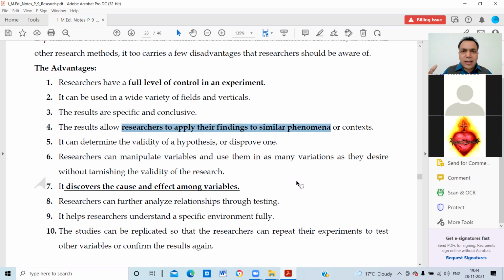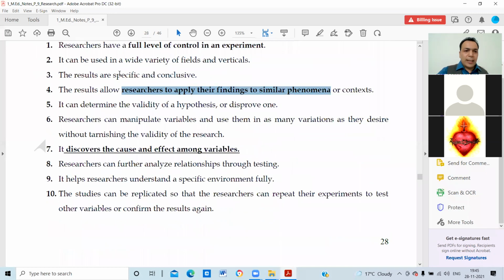So scientists started injecting the same vaccines which they developed on the first variant. Similarly, experimental research says researchers can apply their findings to similar phenomena. Second variant came, third variant came, and we are injecting the same vaccines and seeing the result.